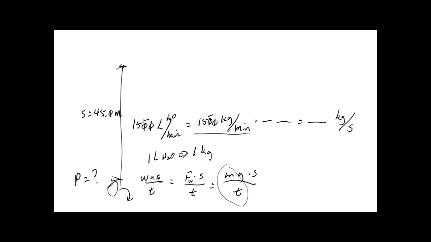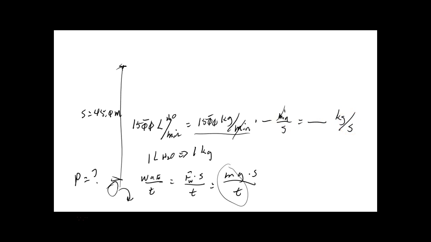Which goes where? The minute's on top, and seconds on the bottom. That way the minutes can cancel out and you're left with kilograms per second.